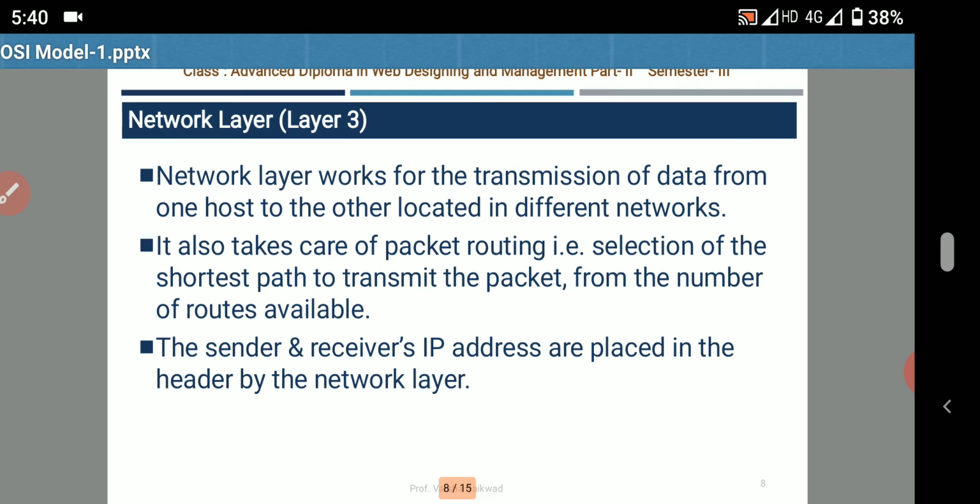The sender and receiver's IP address are placed in the header by the network layer. So network layer is responsible for routing the data from source to destination. Okay. And sender's and receiver's IP addresses are assigned.